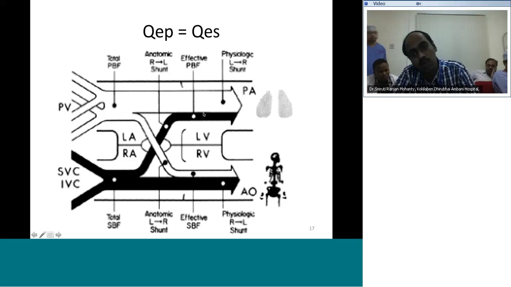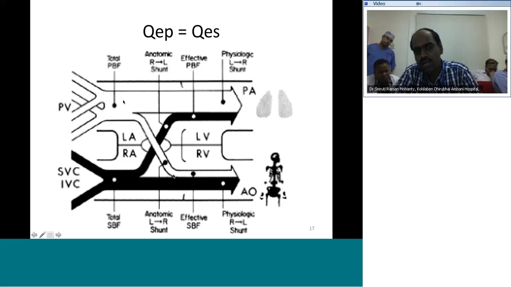And imagine in 1 minute, some 50,000 ml will be gained, and in 1 day, some 1,500 liters will be gained. So there is no place in the heart to accommodate. So whatever blood is crossing over from right to left will be matched by the amount from left to right. So QEP and QES will be the same, and the effective pulmonary blood flow is the anatomic right to left shunt, and whatever is the effective systemic blood flow is the anatomic left to right shunt.